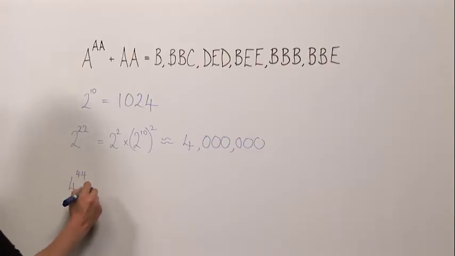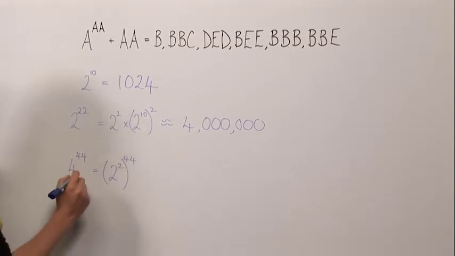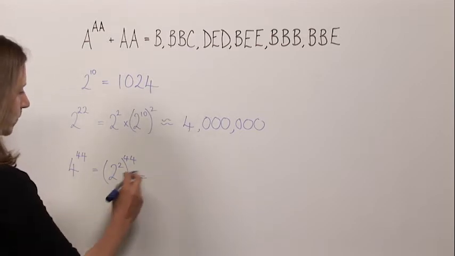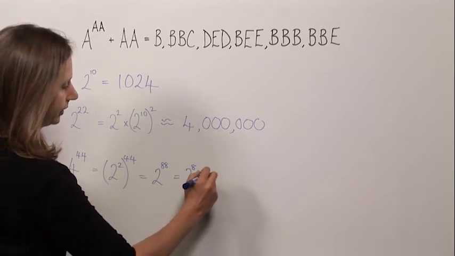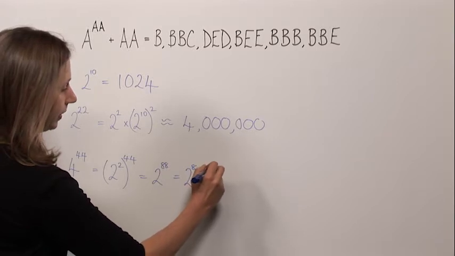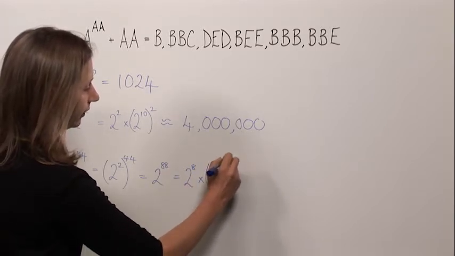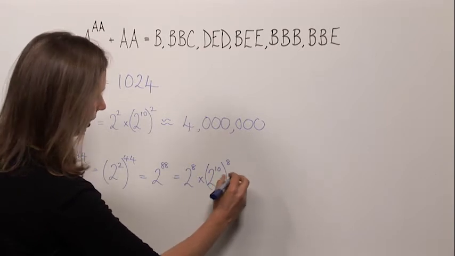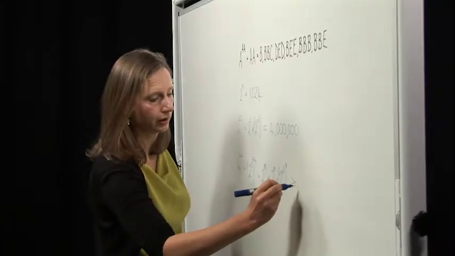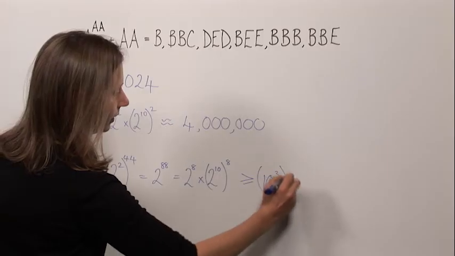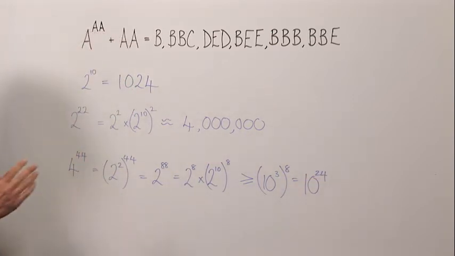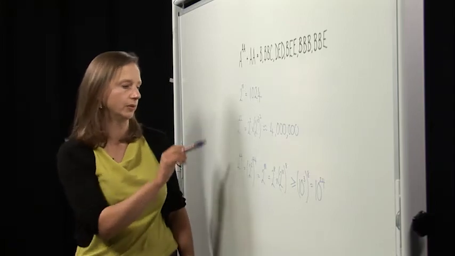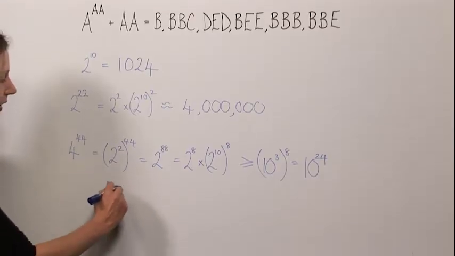So 4 to the 44 is equal to 2 squared to the 44, which is equal to 2 to the 88, which is 2 to the 8 times 2 to the 10 to the power of 8, which is going to be greater than or equal to 10 cubed to the power of 8, which is 10 to the 24. And we've got something much too big. So A has to be strictly between 2 and 4, and we know that A is 3.